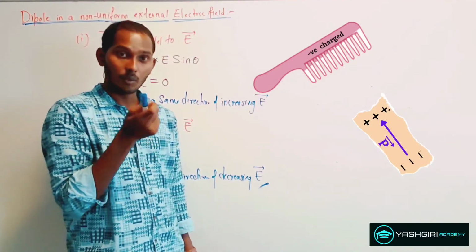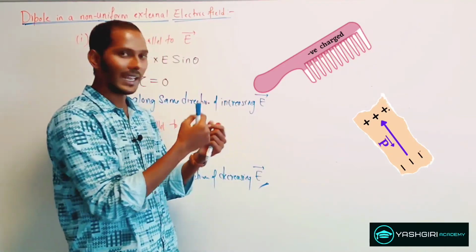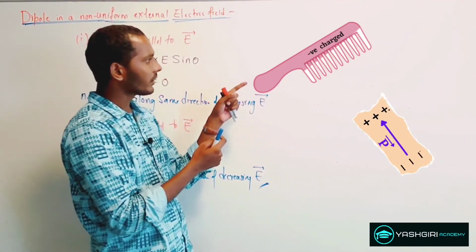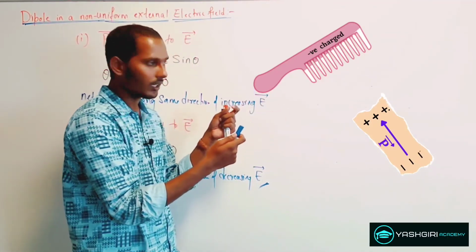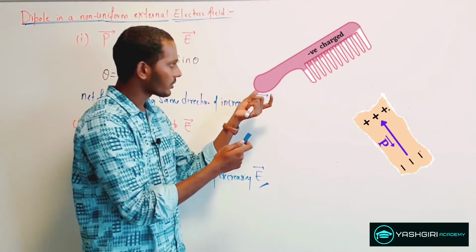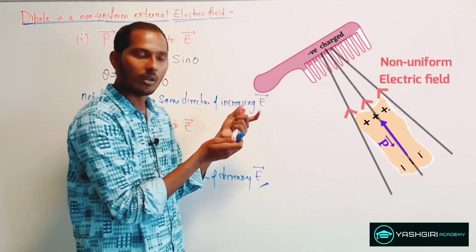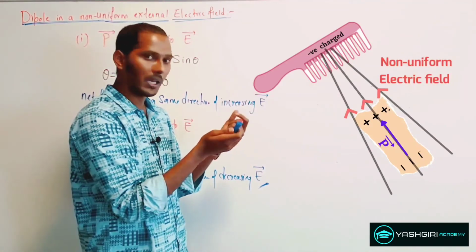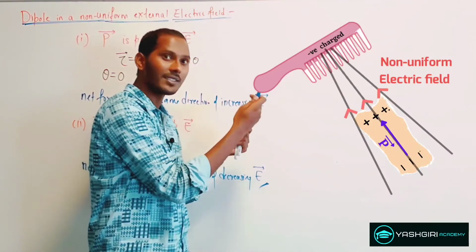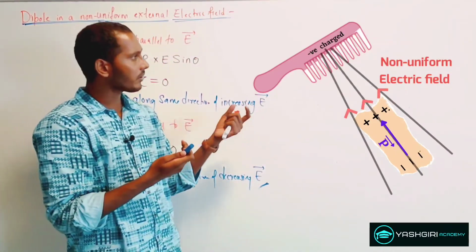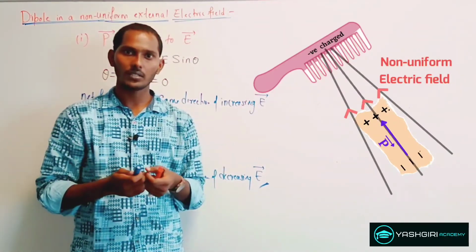And here the dipole moment is in the same direction as the increasing electric field. If you try to show the electric field lines due to this charged comb, it will be something like this. So here again, this is a non-uniform electric field, but the paper gets attracted in the direction of the increasing electric field. So that's the reason why the paper gets attracted towards the negatively charged comb.